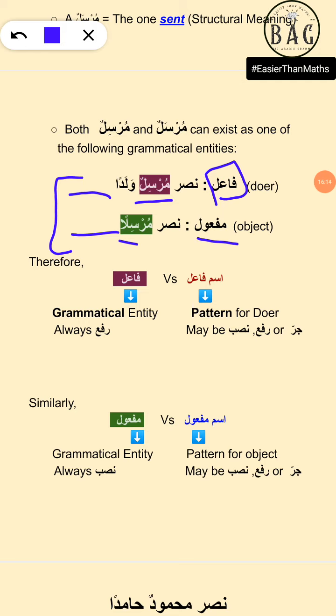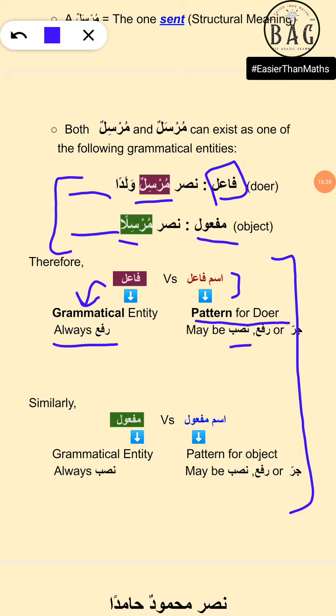So finally, just to wrap up our discussion about ism fa'il and fa'il, let's see what I have here. Fa'il versus ism fa'il. Fa'il is the grammatical entity and it is always going to be rafa. Ism fa'il is actually the pattern for doer and it can be rafa, nasab or jar.